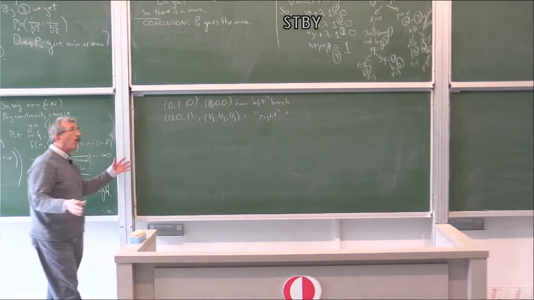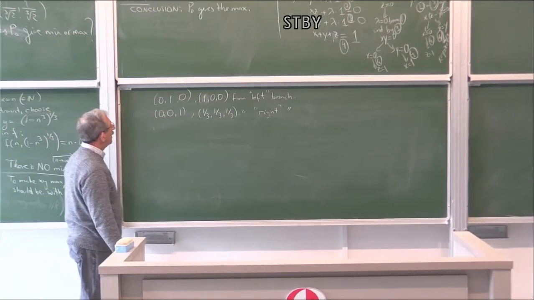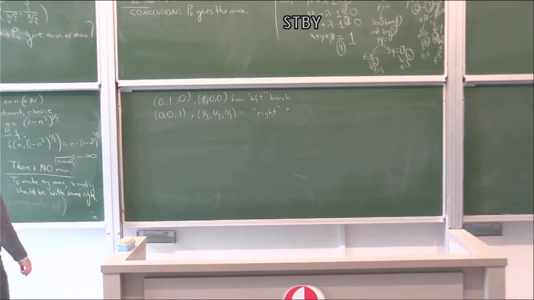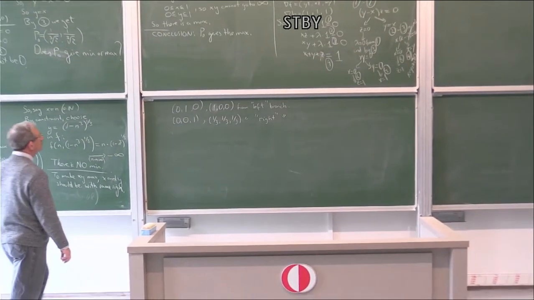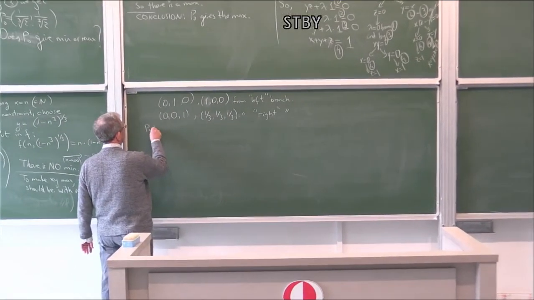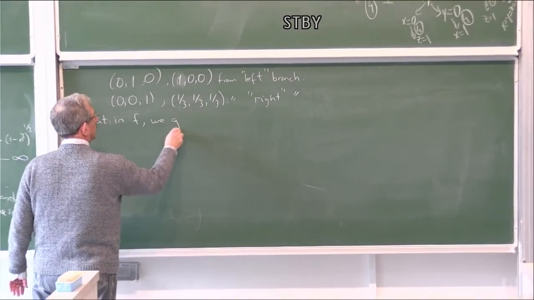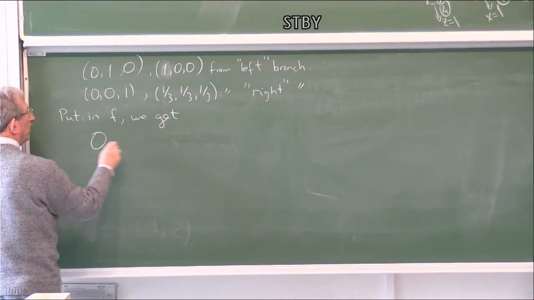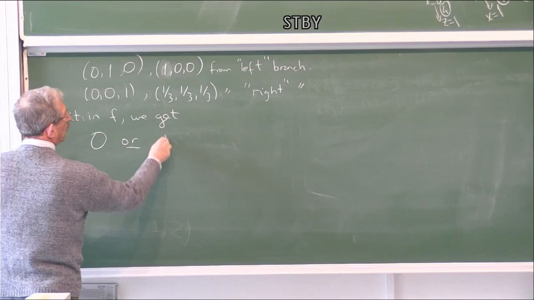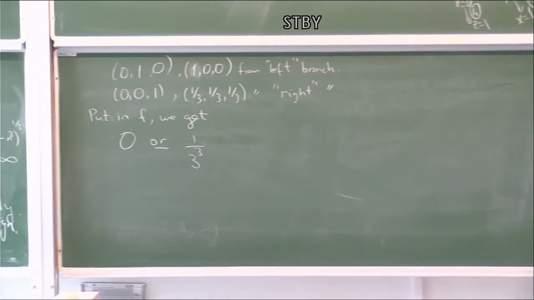So we have 4 points. Okay. Now, if we look at the function, which is xyz, we get 0 or 1 over 3 cubed from these points.